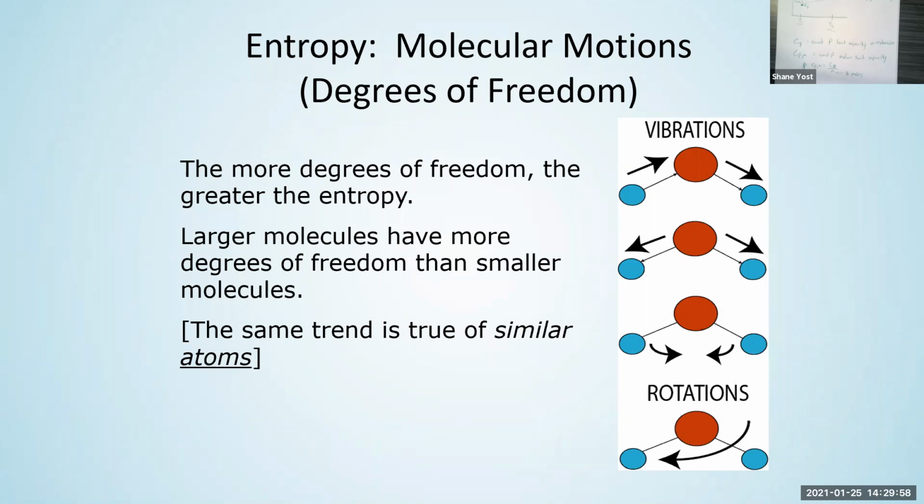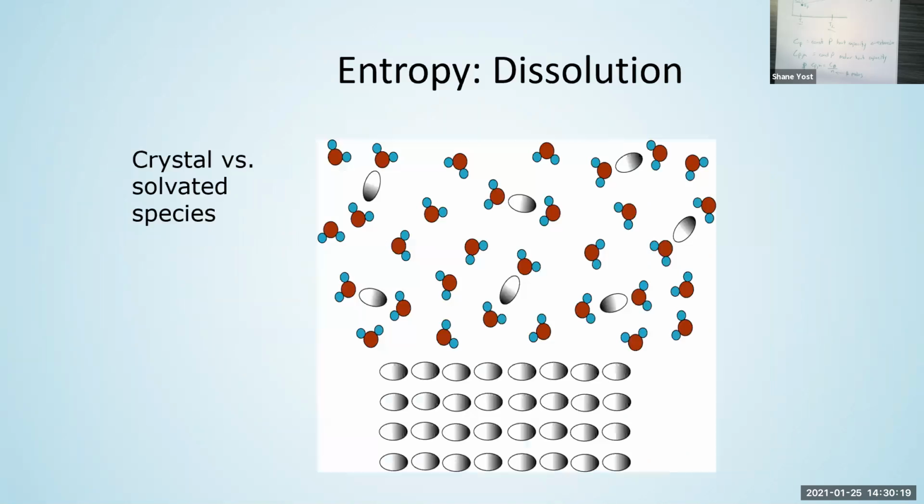Water, for example, only has 3 vibrational modes in which it can put its energy. But if you have a much larger molecule, you have many more vibrational modes you can spread the energy out into. So the more ways you can spread your energy out, the more entropy you're going to have.